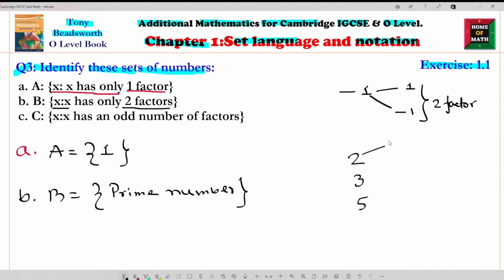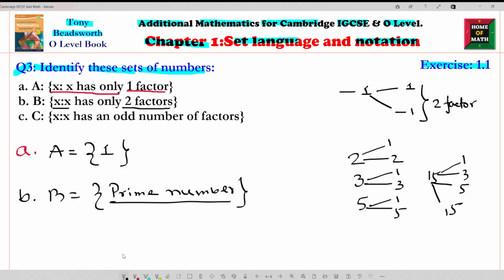Look, 2 we can divide by only 1 and 2. 3 we can divide by 1 and 3. 5 we can divide by 1 and 5. What about 15? 15 is not a prime number because we can divide by 1, 3, 5 and also 15. So only 2 factors for a prime number.